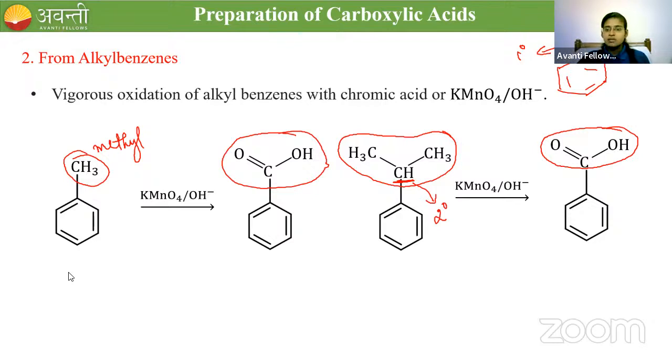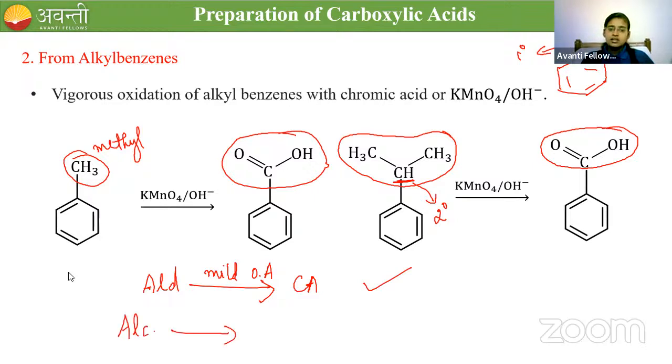Okay, are you getting my point? So you can take aldehyde and use the mild oxidizing agent, and it will produce carboxylic acid. This is possible. But you cannot take alcohol and form acid. If you take alcohol and use a mild oxidizing agent, you will get aldehyde.